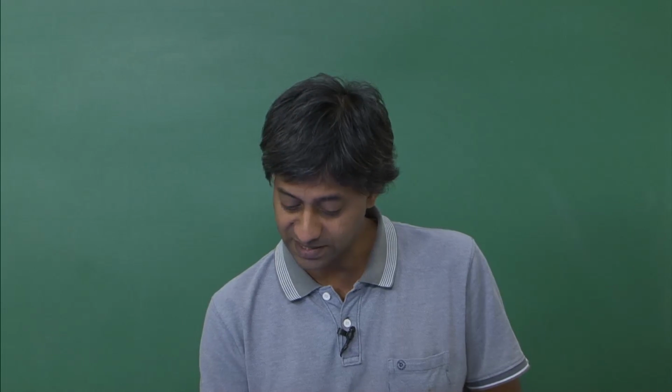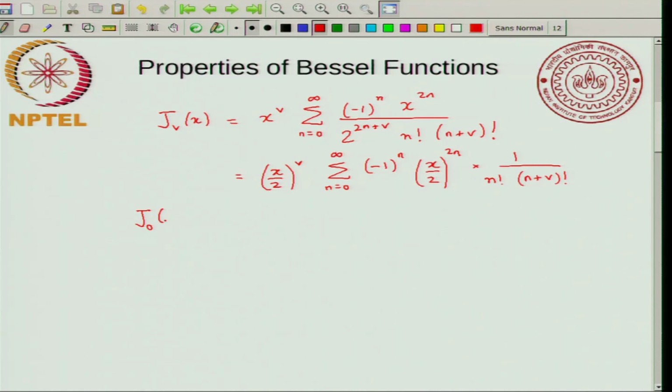So, for example, if you look at v equal to 0, so J_0(x), this is the infinite series for v equal to 0. When v equal to 0, the x raised to v term will drop out. So what you will be left with is the sum over n equal to 0 to infinity of (-1) raised to n, x raised to 2n divided by 2 raised to 2n, n factorial, n factorial. So we see n factorial squared, and 2 raised to n squared.